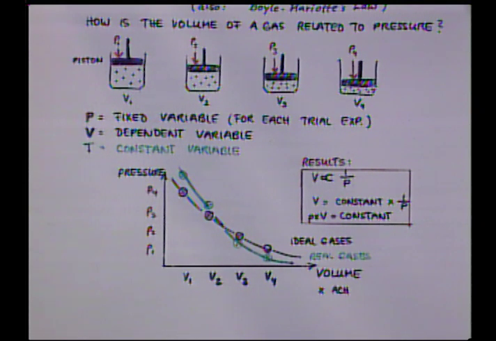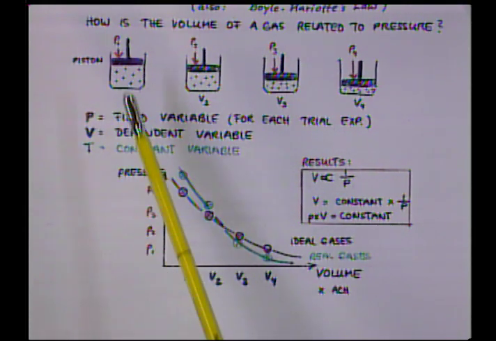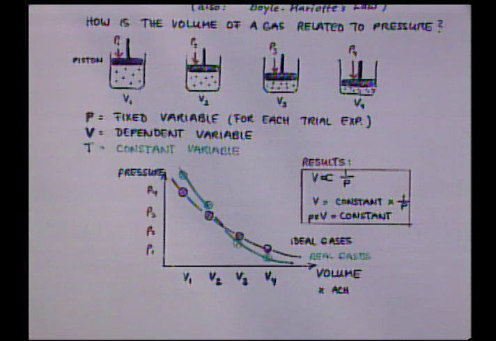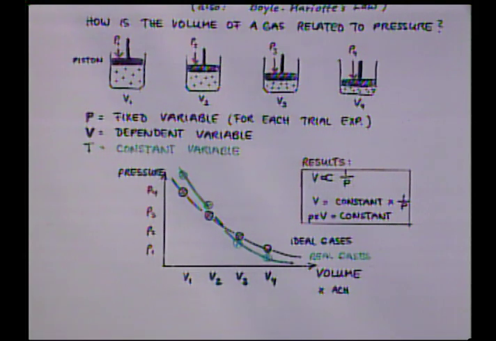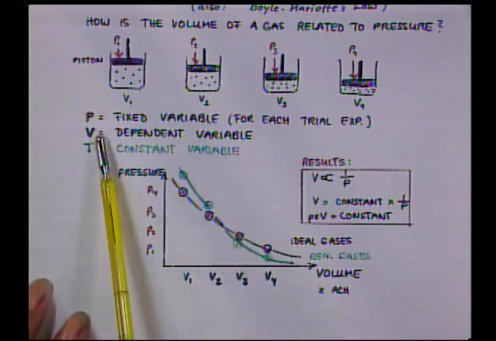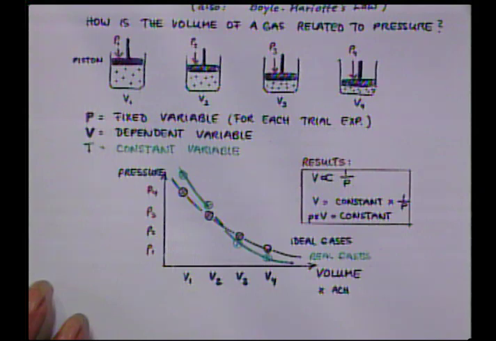The dependent variable is the volume. So by manipulating pressure, by willingly changing the pressure, the volume accordingly adjusts. And that means it's dependent. So the fixed variable is pressure in this case, and the dependent variable is volume, and T is our constant.